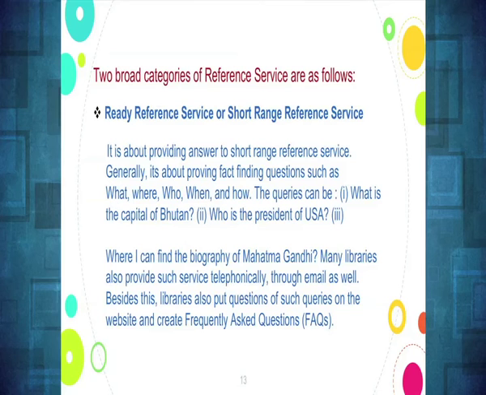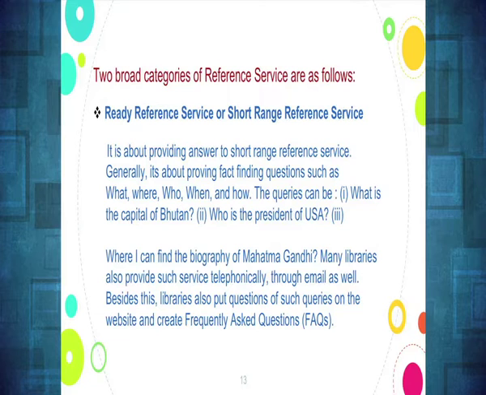So, we can broadly categorize the reference service into two parts. First is ready reference or short range reference service. It is about providing answers to short range queries. Generally, it is about providing facts, finding questions such as what, where, who, when and how.